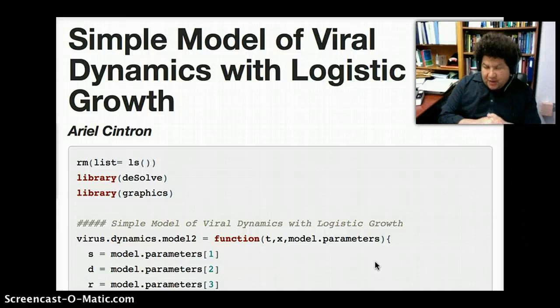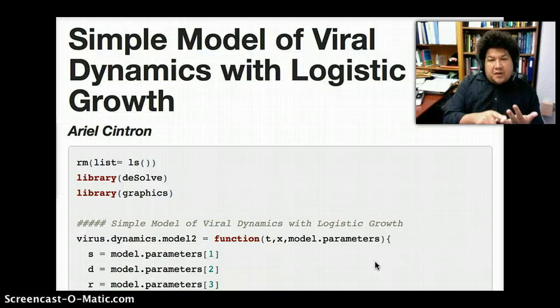What we want to do is compute numerical solutions of this model, for the population of target and uninfected cells, the population of target and infected cells, and the population of virus. So what we need are values of the parameters, those constants that appear in the model, and we also need values of the initial conditions, and we need to specify for how many time points we want to compute this numerical solution.